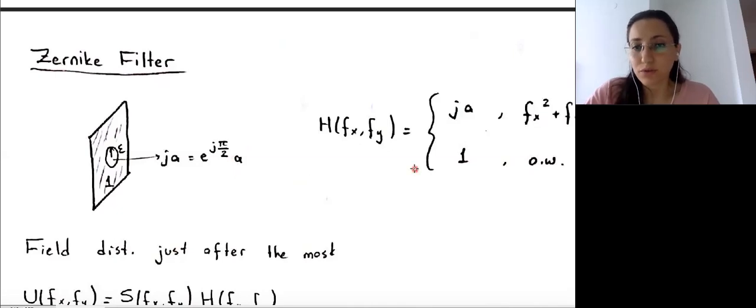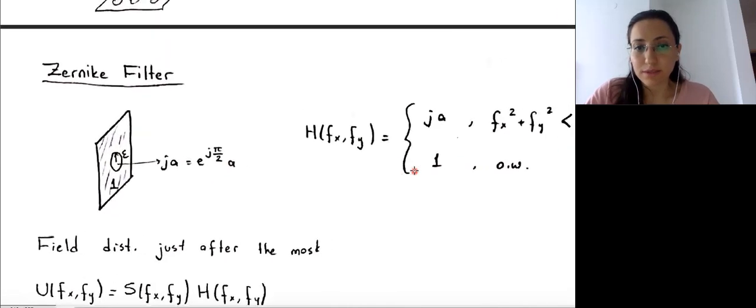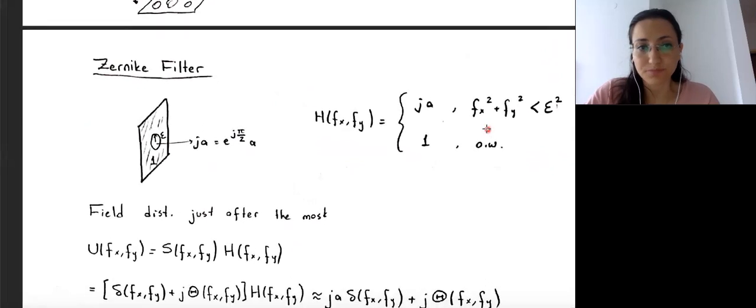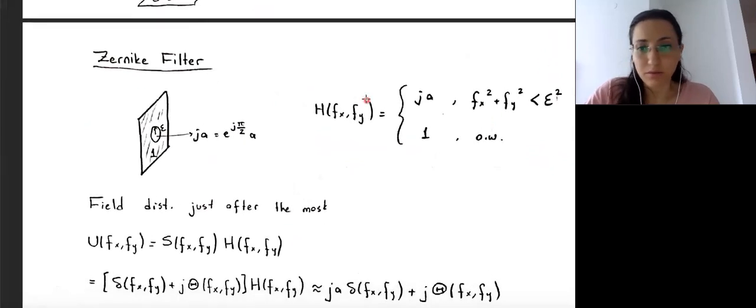So that's our filter. If you write our filter H, this mask operation, when fx squared plus fy squared is less than epsilon squared, so inside the circular region, the mask is equivalent to multiplying with j times a, and otherwise it's equal to 1. That's our filter model.